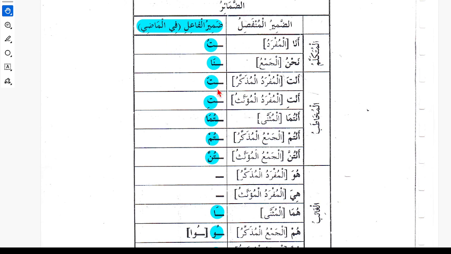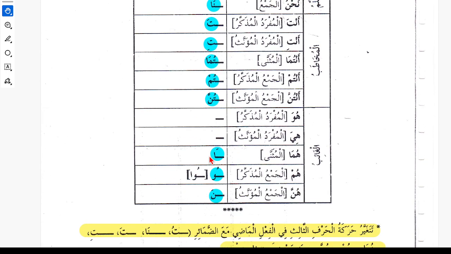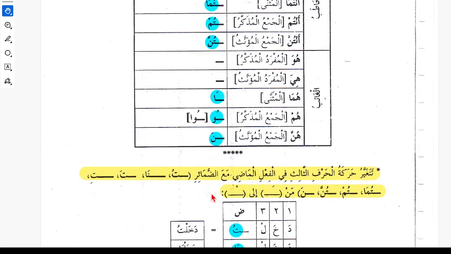You just keep focus on the lam. Dakhalti, dakhaltuma, dakhaltum, dakhaltunna, and dakhalna. In all these cases you would note that the third letter, which was having a fatha sign, is changed to the sukoon.